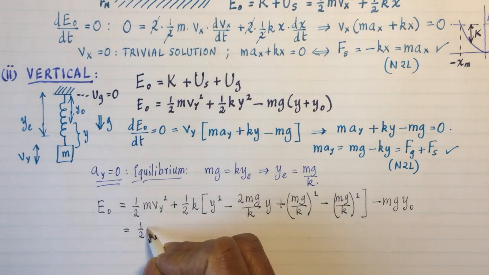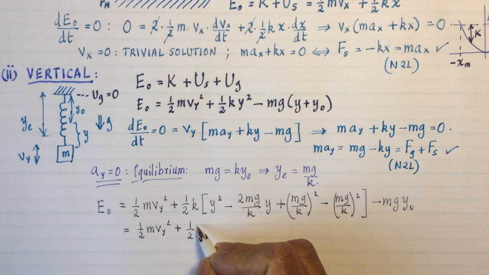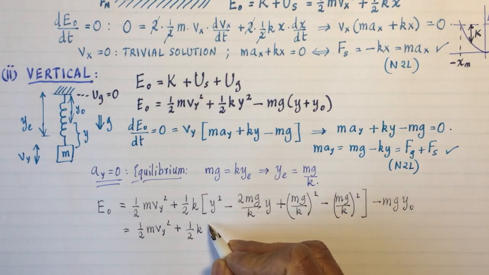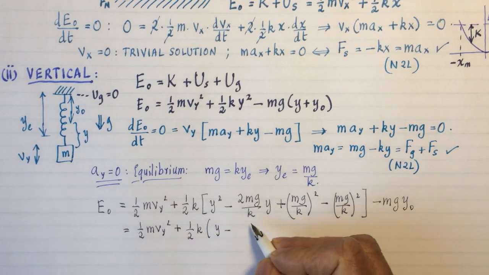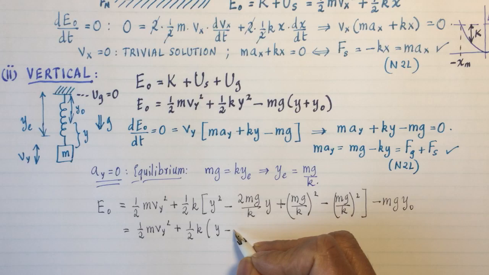So let us look at this a little bit more. I'm going to get 1/2 m vy squared plus 1/2 k. Well, the completion of the square is y minus mg upon k, but mg upon k is precisely y equilibrium.